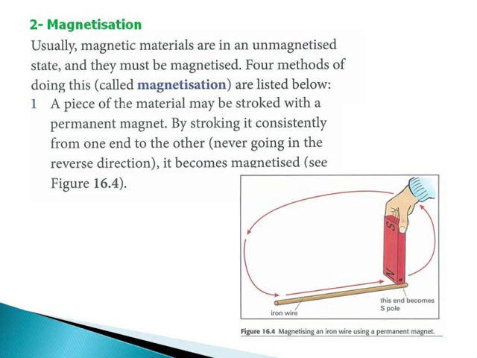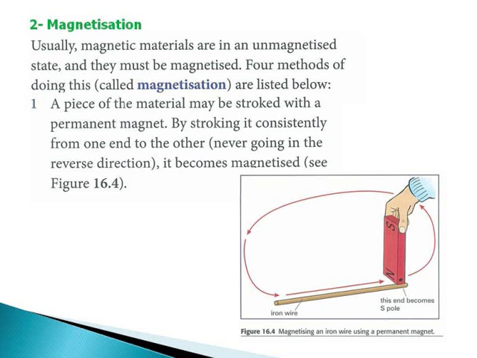First, to magnetize any kind of material, take a piece of material and lay it down. The piece of material may be stroked with a permanent magnet.